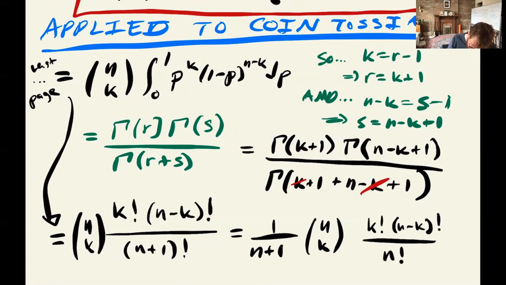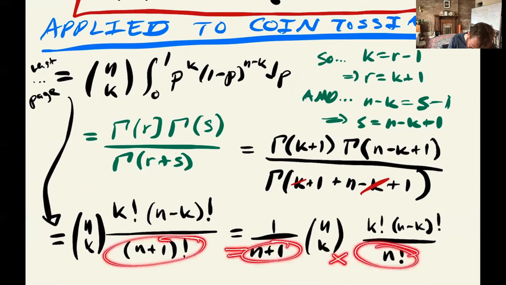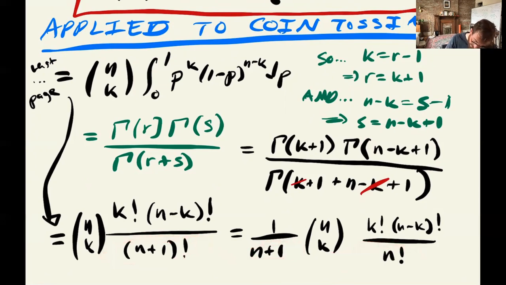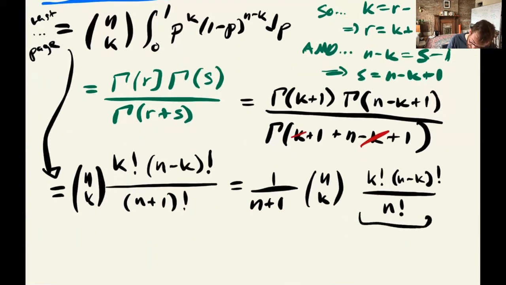Since n plus 1 factorial is equal to n plus 1 times n factorial, that makes good sense. And moreover, I know that this right here is equal to 1 over n choose k.